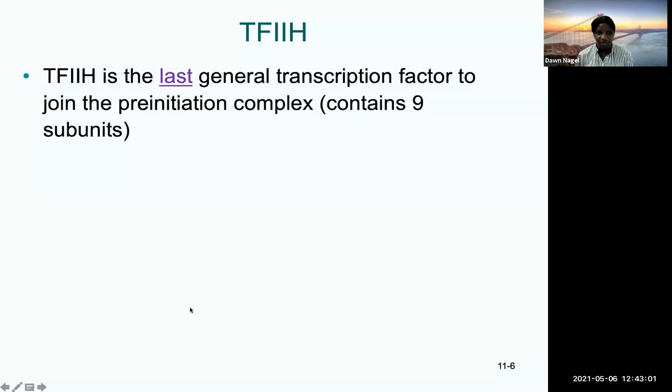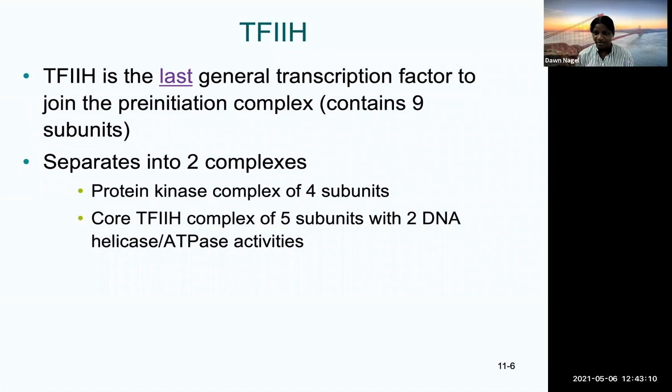The last thing we talked about was TFIIH, which is the last general transcription factor that gets added to the pre-initiation complex. This general transcription factor has 9 subunits that are split into 2 different complexes. Some of them are involved in protein kinase activity, which means they function to phosphorylate the polymerase. Others are involved in helicase or ATPase activity, with helicase helping to unwind.